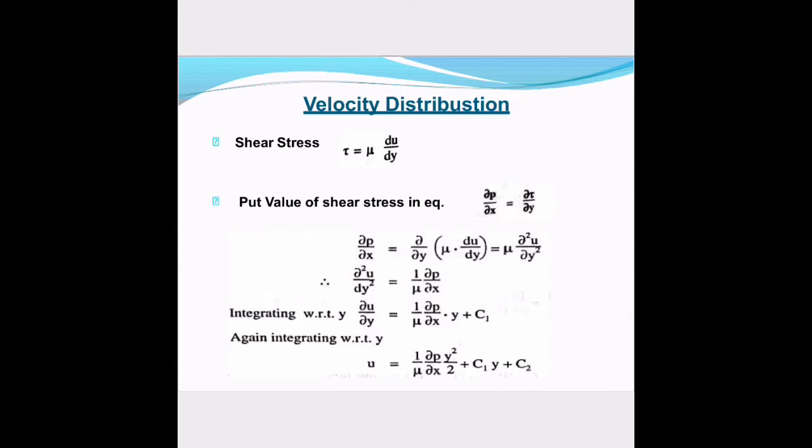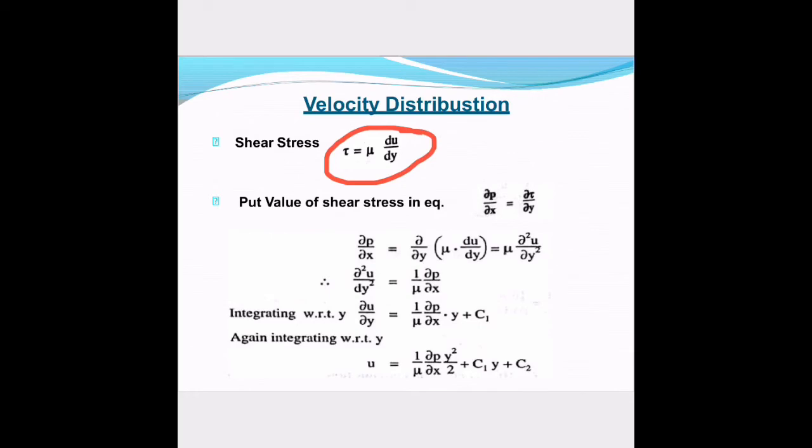According to Newton's law of viscosity, shear stress equals mu del u by del y, where mu is the dynamic viscosity. So shear stress is directly proportional to the velocity gradient, with viscosity as the constant: tau equals mu del u by del y.